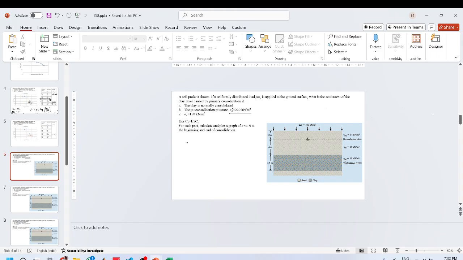Use CS is equivalent to 1 over 5 Cc. We have not been given Cc. Soil profile. Only distributed load is applied at the ground. What is the settlement of clay caused by primary consolidation if clay is NC?